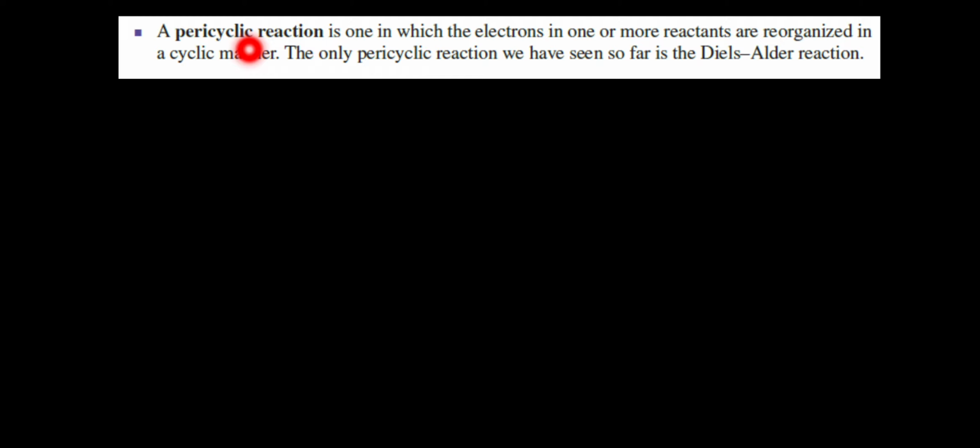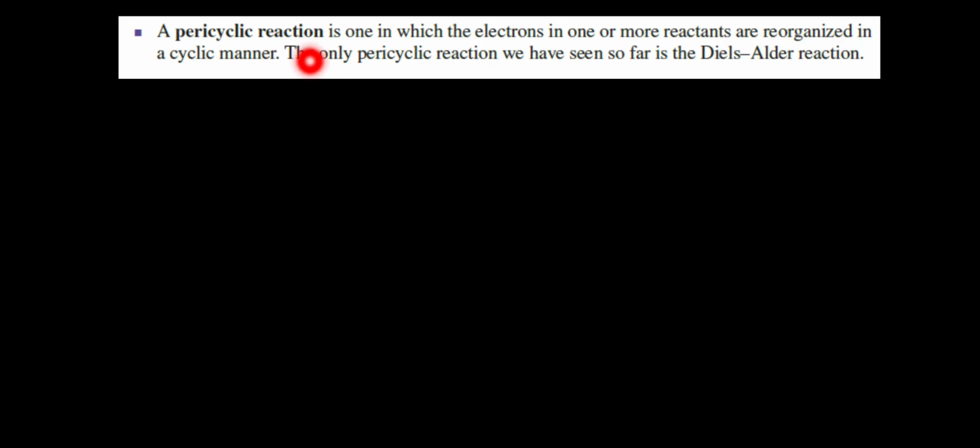The only thing that determines the product of the pericyclic reaction is heat or light. Only these two things are required, either heat or light, either temperature or light.